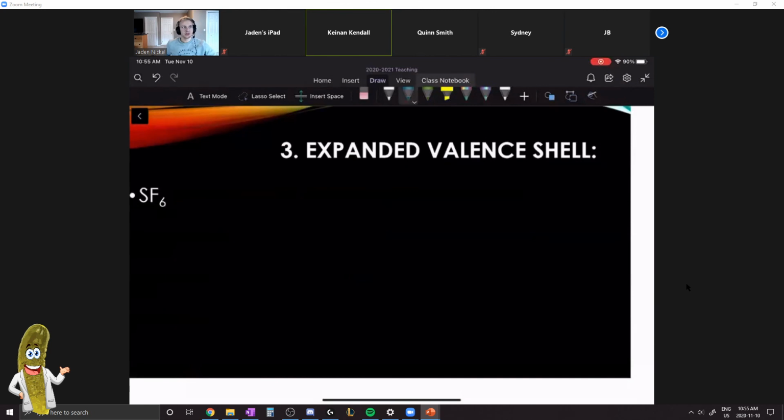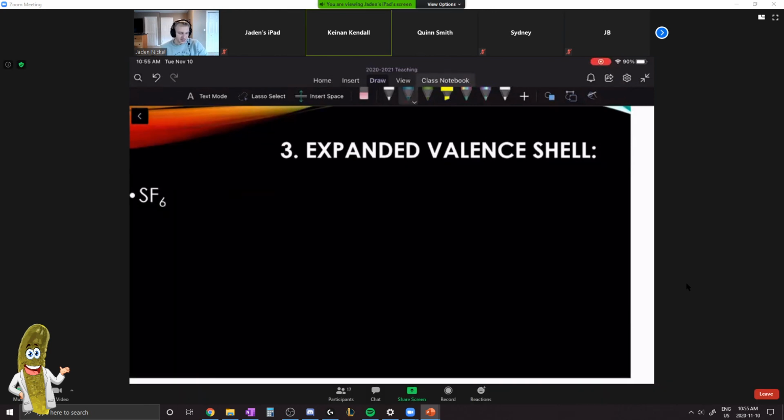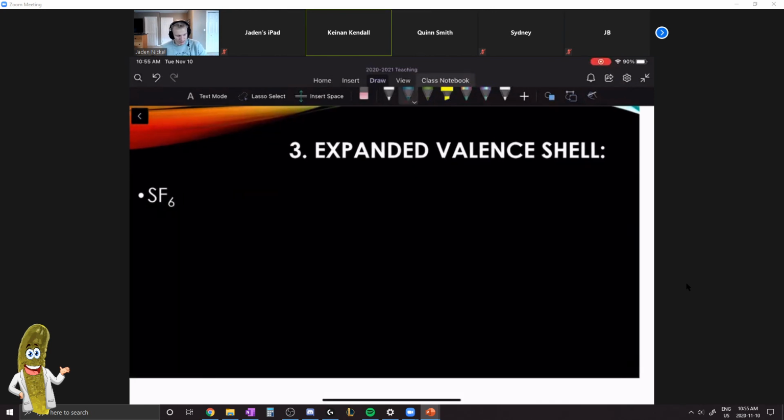Next example that we can do is SF6. Just looking at this, I would guess sulfur's probably in the middle. Sulfur is also below oxygen, so I know that it will have 6 valence electrons. As I'm doing this, I would say, okay, I need to have 6 surrounding fluorides. Is sulfur one of the exceptions?